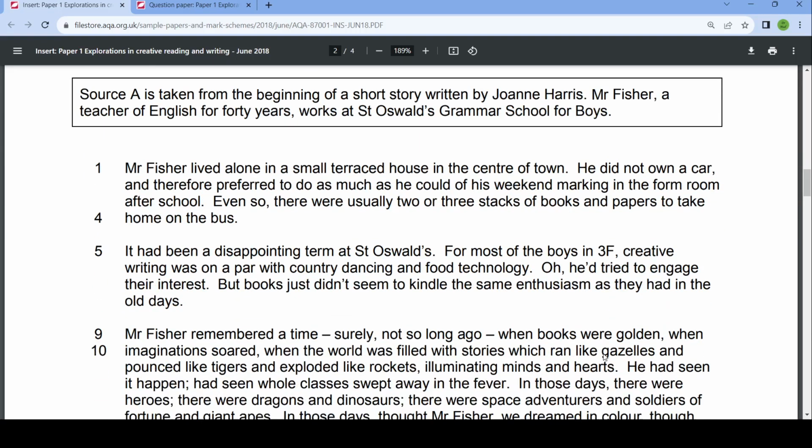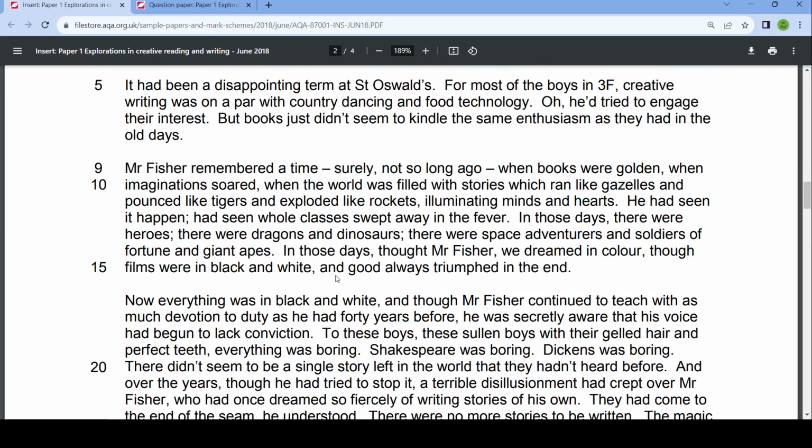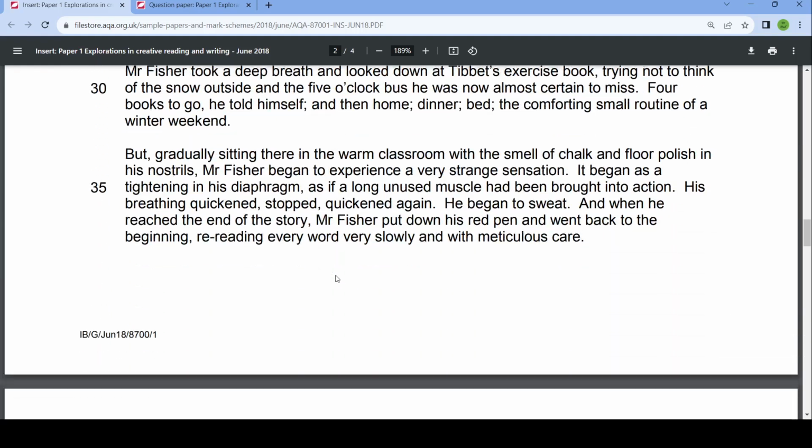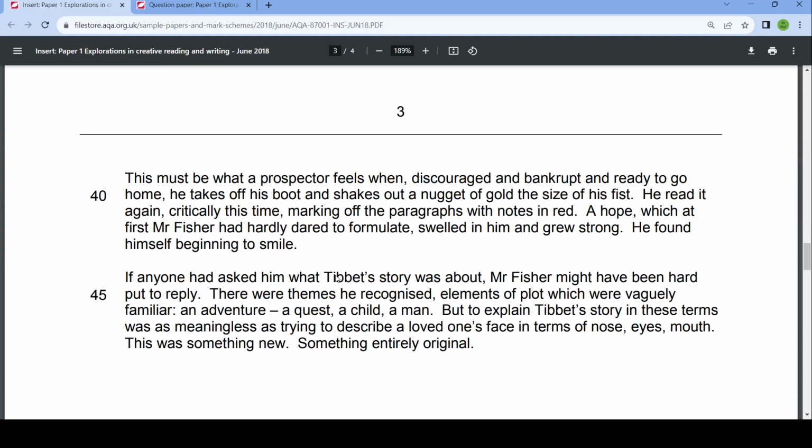Okay, so I'm not going to actually read through the extract because we're not doing the paper as such. We're just looking at how to approach the paper in general terms. So notice you've got the line numbers, and these are important, as you'll see. And normally the extract goes over onto the second page.